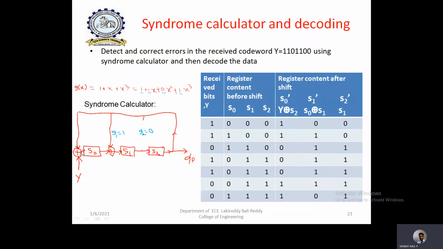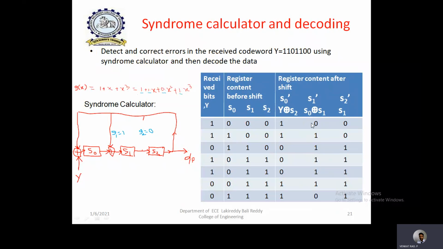The next value is obtained by making an XOR operation of the received vector and the feedback element, which is nothing but S2. So S0 dash is Y XOR S2. S1 dash is the XOR of S0 and again S2, so S0 XOR S2. The next value of S2 is nothing but S1, so S2 dash is equal to S1.